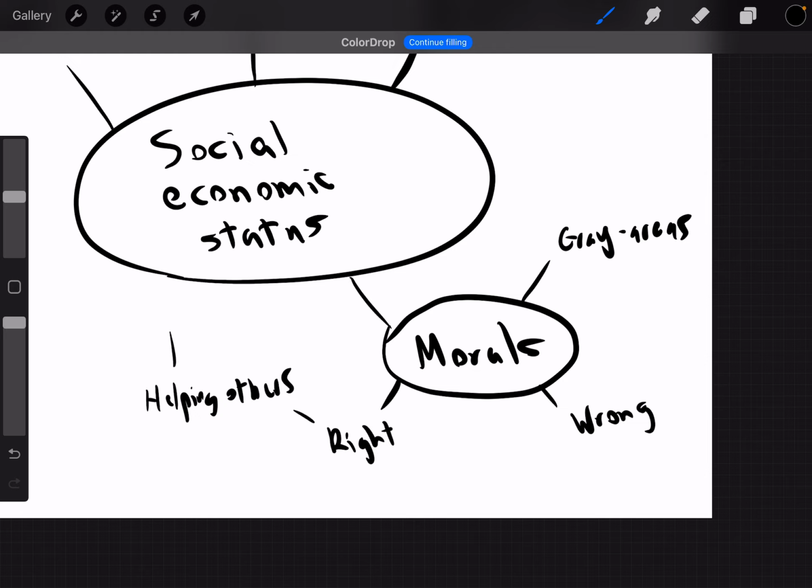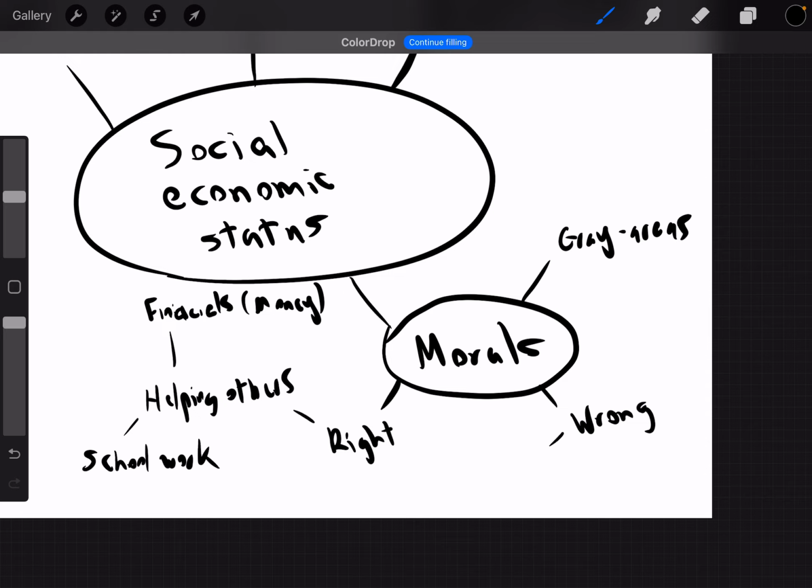So helping others, financials, money, schoolwork. So we kind of already did this with the mind map. I'm just showing you. You can even do more narrowed down mind maps.